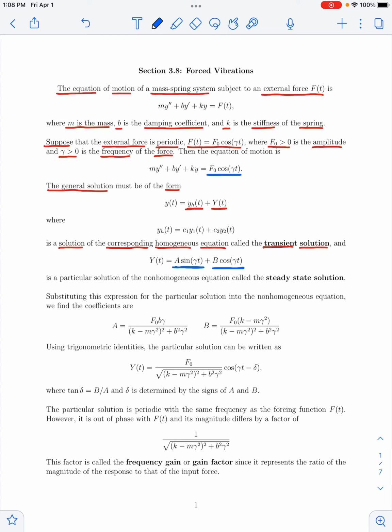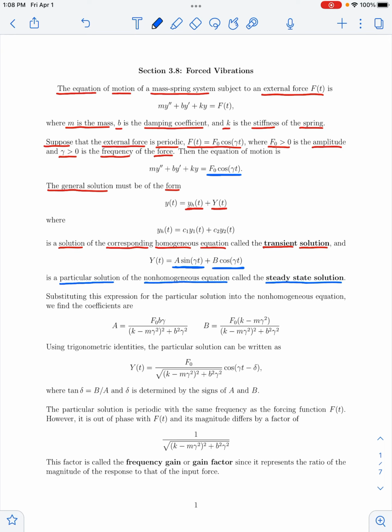And this would be a particular solution of our non-homogeneous equation. And this is referred to as the steady state solution when we talk about mass spring systems. So again, the homogeneous solution is referred to as the transient solution, and the steady state solution refers to our particular solution.